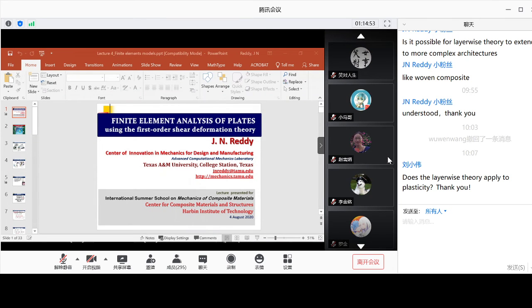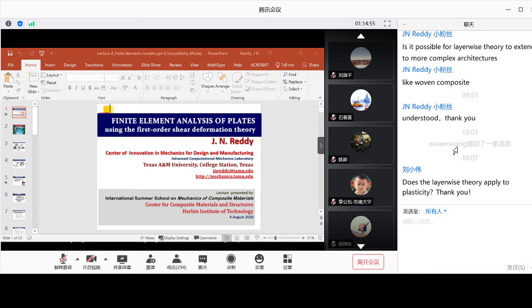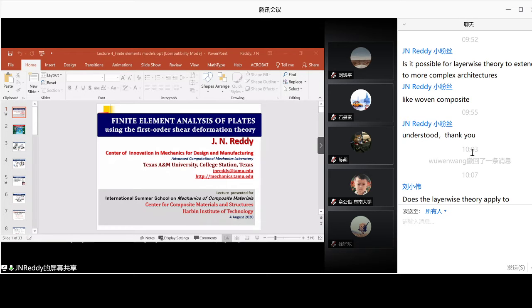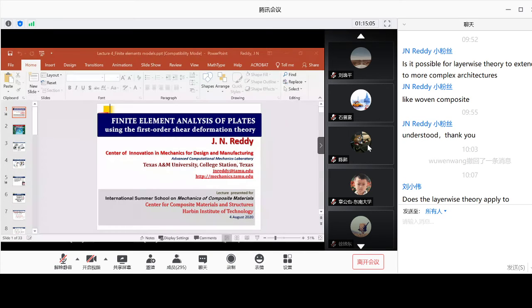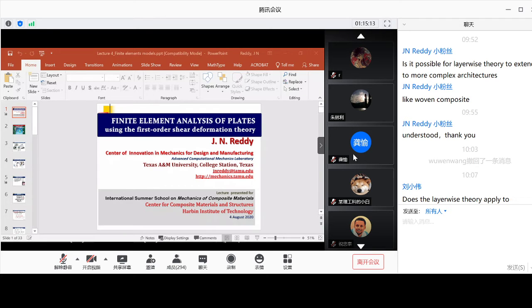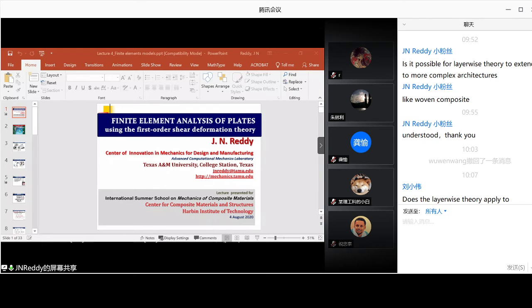If you know the principle of virtual work, you go straight to the weak forms because the principle of virtual work is indeed the weak form. Or if you know the differential equations, then you have to develop the weak form. So I do both in that book. So I show that both are exactly the same. Okay. So then once you have these statements, weak forms, you substitute the approximations and you get the finite element model.